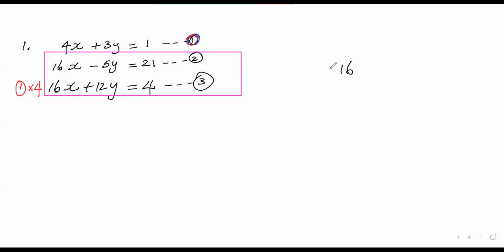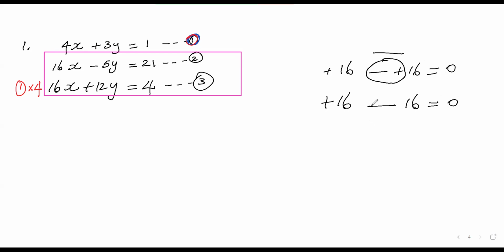So you write it. It's positive 16, positive 16. How do you get 0? We already discussed that it must be negative. The signs must be different. So a minus and a plus gives minus. So positive 16 minus 16 will give me 0, right? They're different, so they give 0. They cancel off. Different things cancel off.